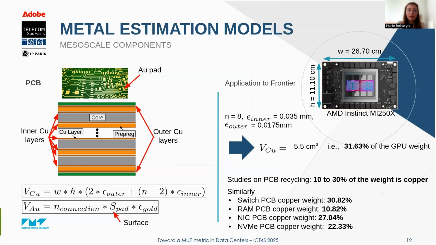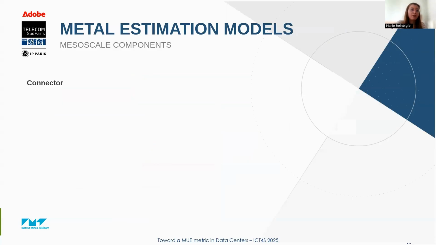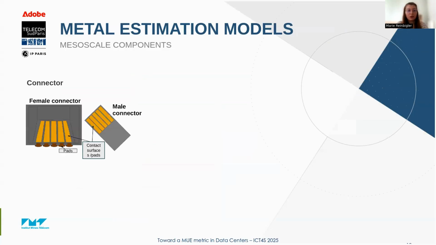So now let's jump to the other mesoscale component, which are connectors. Connectors can be modeled as having a female and a male connector, which can sometimes be the same. The female connector is usually interconnected to an underlying PCB or elements via a set of pads.